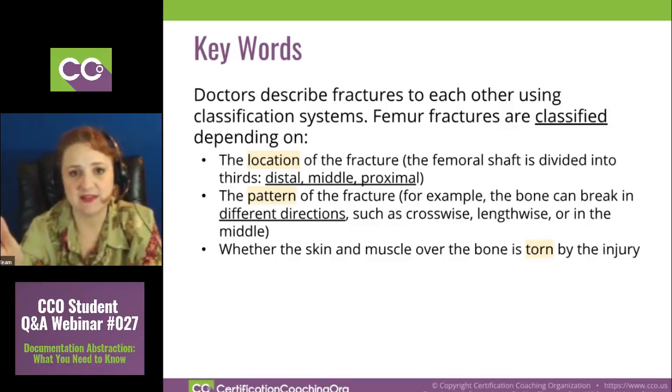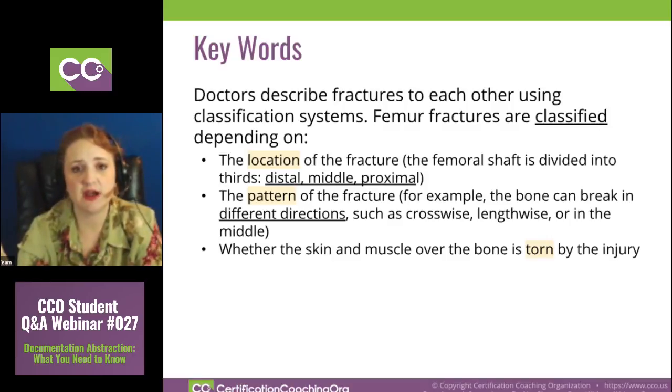Now, I didn't read any of that. I know that because I know I'm talking about fractures. I know that this is the doctors telling me, so they're the experts. I know there's classifications. I know that, and this applies to our coding, location and the type of fracture is very important. Quickly, I can determine that the skin and muscle, they're talking about open and closed, right?